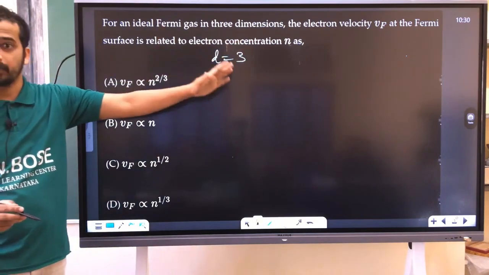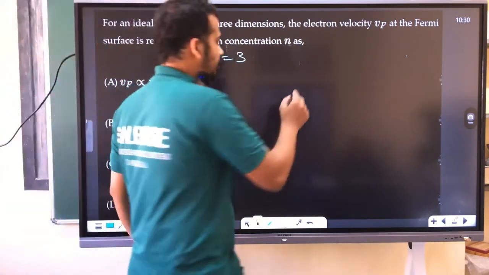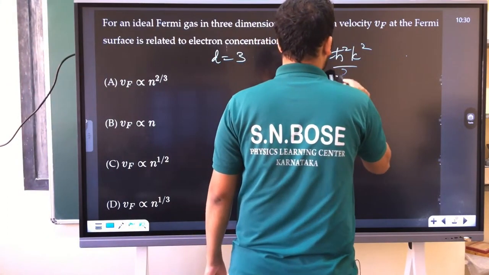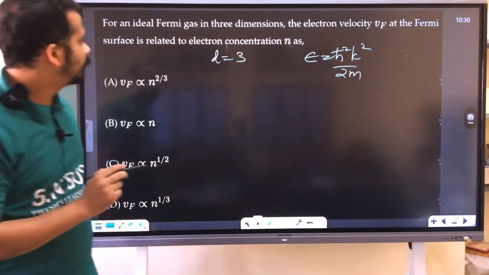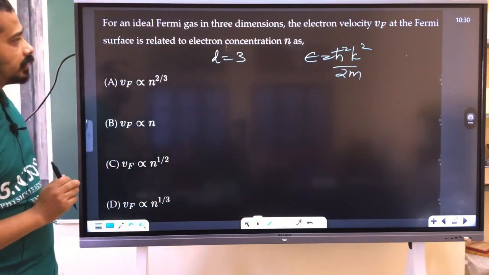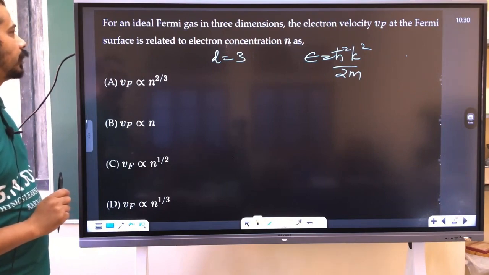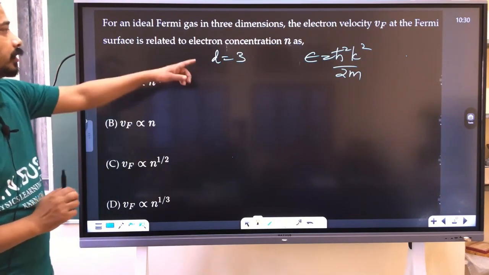You don't overthink, you have to take non-relativistic. E is equal to h bar square k square by 2m. Got my point? He's talking about concentration.